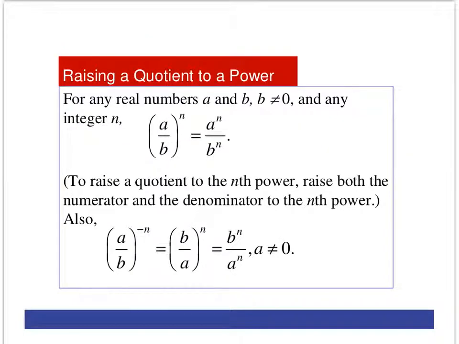Okay, raising a quotient to a power. All you do is distribute that power through the numerator and through the denominator. And if it's negative, all you do is flip the inside and it makes that exponent positive.